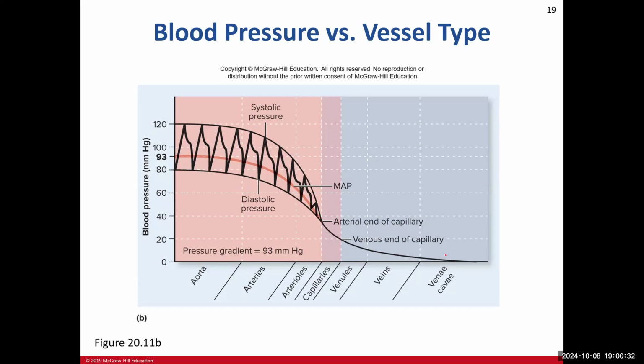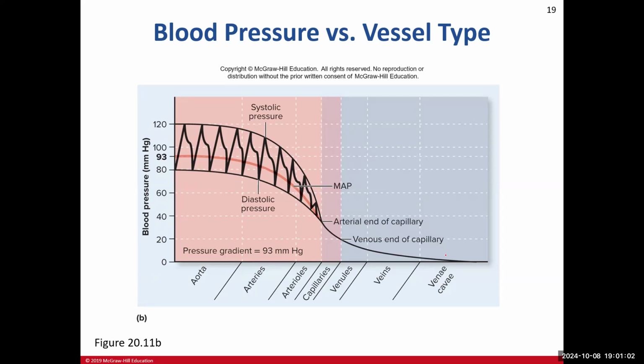On the bottom, on the x-axis, you can see there are different blood vessels here, starting with the aorta, which is closest to the heart. Then we're moving away from the heart. We go to the arteries, the arterioles, the capillaries, and then we start coming back to the heart. We go to the venules, the veins, the vena cava, superior and inferior vena cava, into the heart, and then over again.